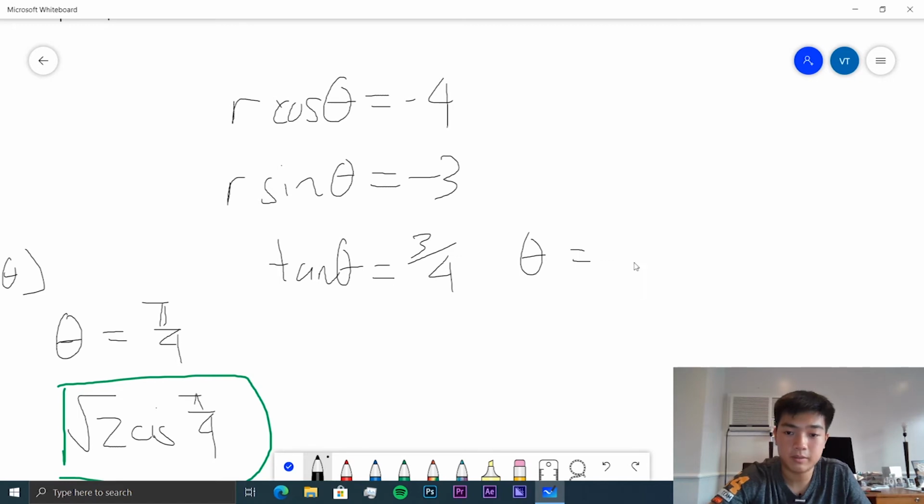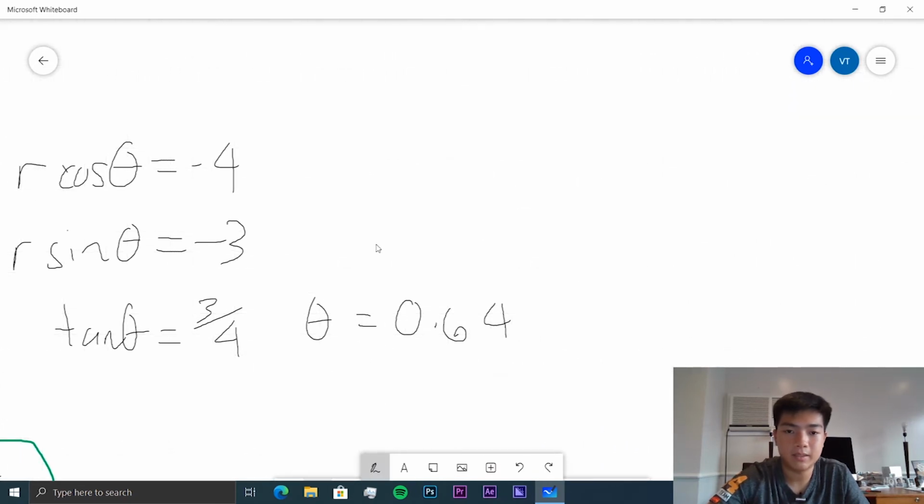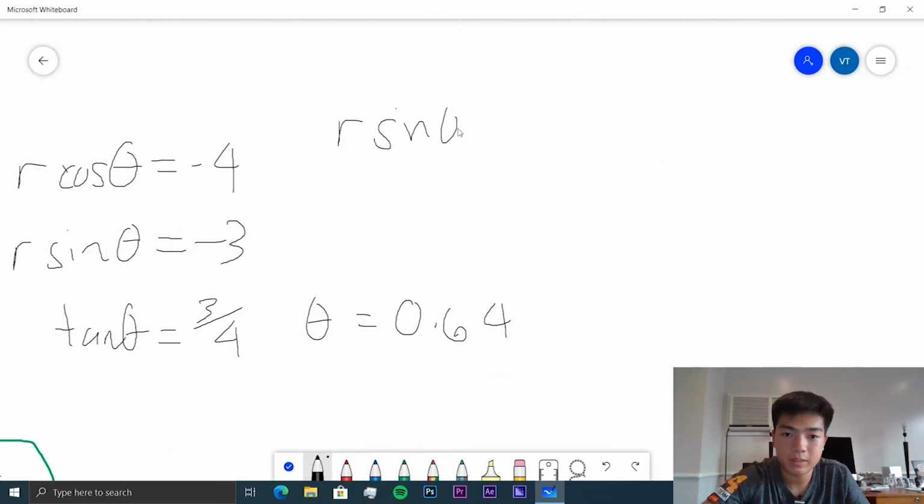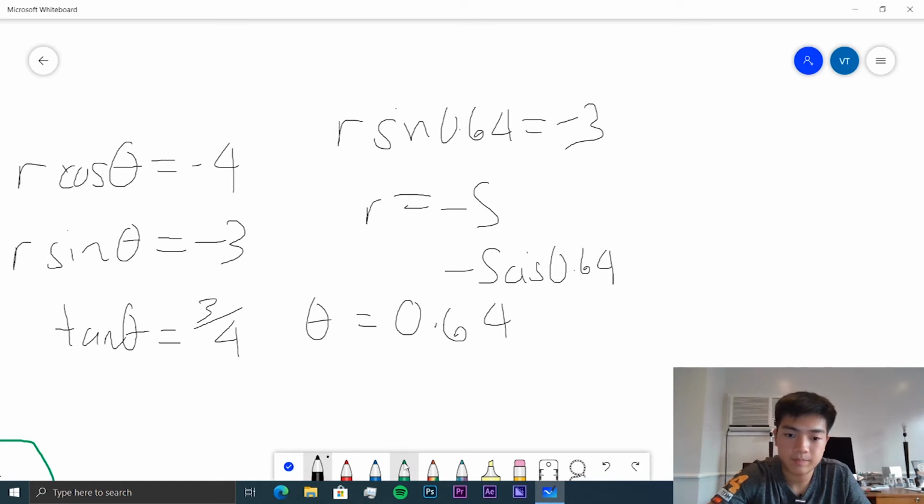So this is equal to 0.64. And so if we substitute this in here, we can simply solve that r sine 0.64 is equal to -3. So therefore r is equal to, let's get the sine of this, which is 0.6. So we have r times 0.6 is -3. r is -3 divided by 0.6. So r is equal to -5. So this is equal to -5 cis 0.64.